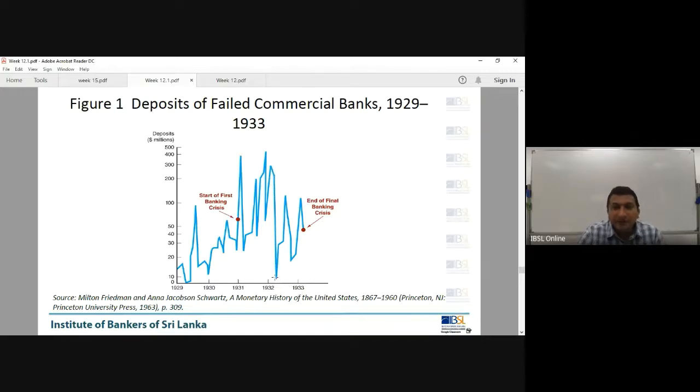That means fewer banks fail during this period. Here more banks fail, at the top heights here. So you see here the banking crisis and the deposits these banks held during that period.